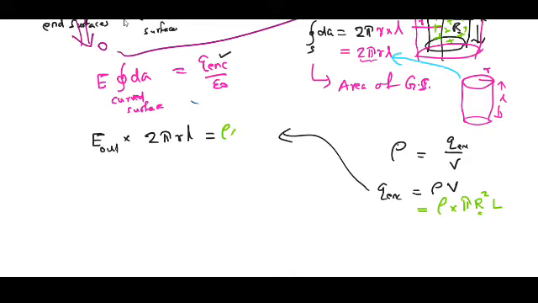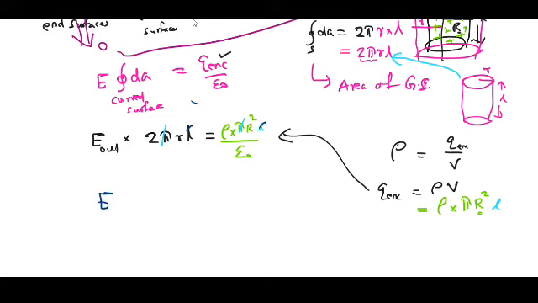that is rho into pi r square L divided by epsilon 0. This pi and pi get cancelled. We have already used the length small l, therefore here also I will use the small l. Then the small l will also get cancelled.